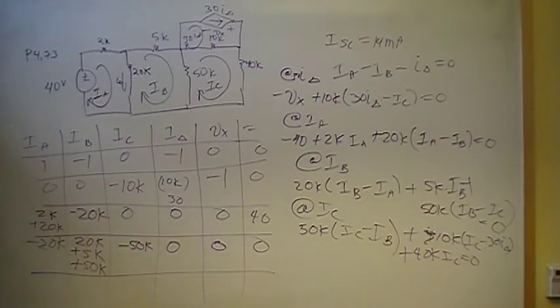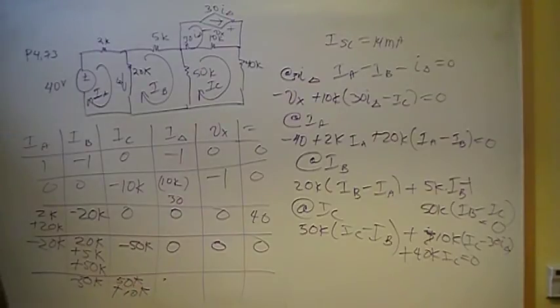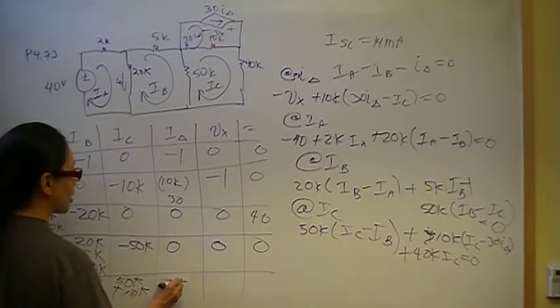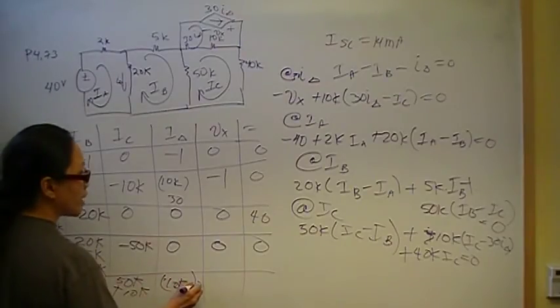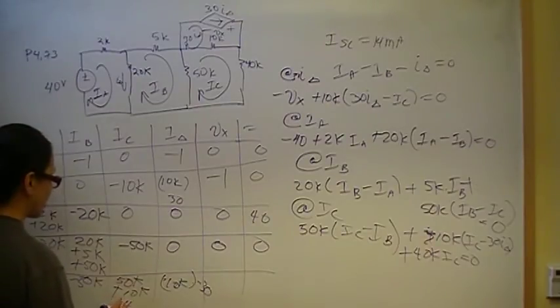And then at IC, we have 50K for IC, and -50K for IB, and then plus 10K, and for I delta, we have 10K times -30, and then another 40K for IC.